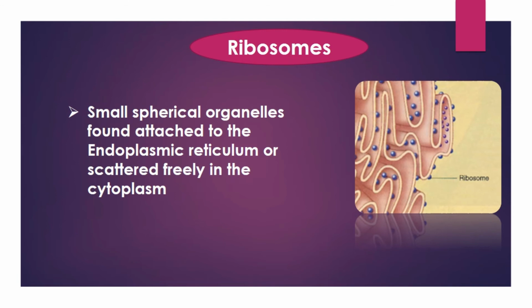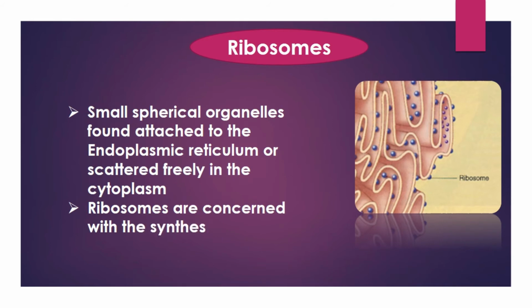These are organelles which are found in the cytoplasm of prokaryotic cell also. These spherical organelles are involved in the synthesis of proteins. They can be referred to as the factories for protein synthesis.